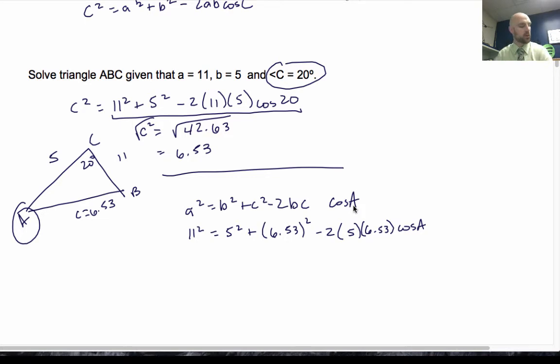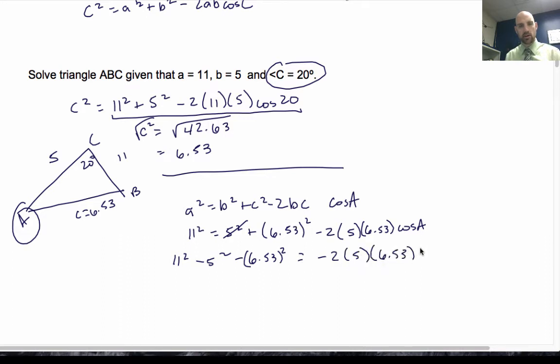All right, so I need to respect the order of operations here and make sure that I'm solving this properly. I need to do 11 squared minus 5 squared, so I've got to move this to this side, and minus 6.53 squared. And then that's going to be equal to negative 2 times 5 times 6.53 cosine of A. So I'll need to divide by negative 2 times 5 times 6.53.